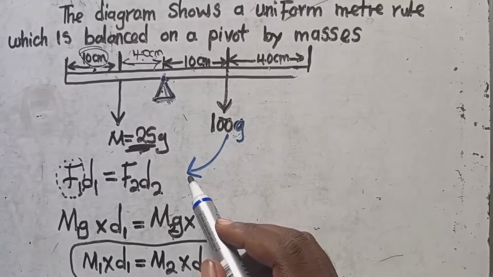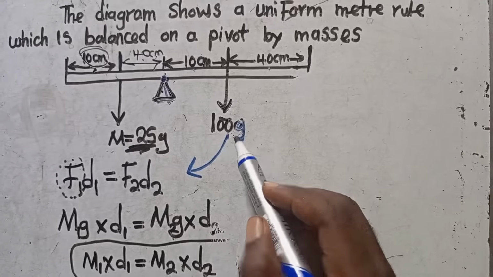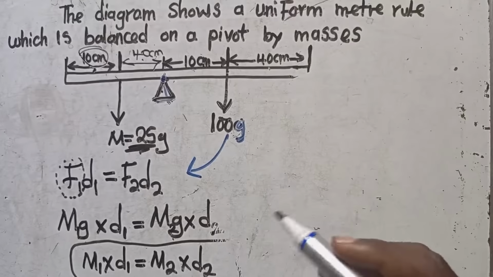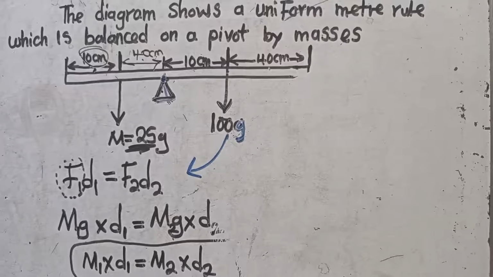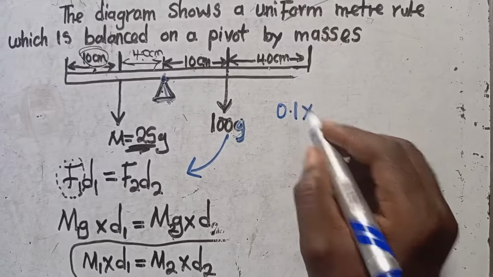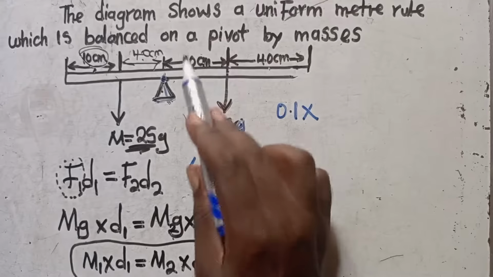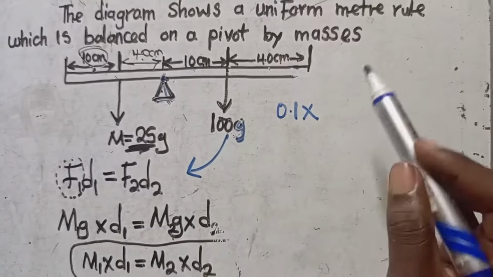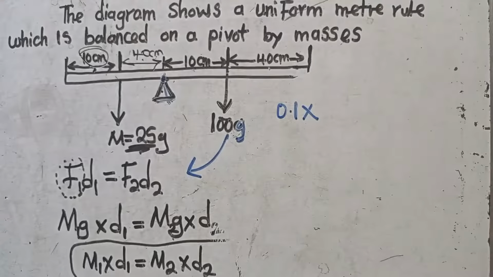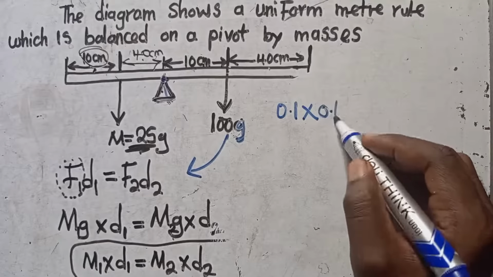So for the clockwise moment, this is in grams, which means I can convert it to kilograms. So this is 0.1 kg, multiplied by the distance from here to there. This is 10 centimeters, and to convert to meters you divide by 100, so you get 0.1.